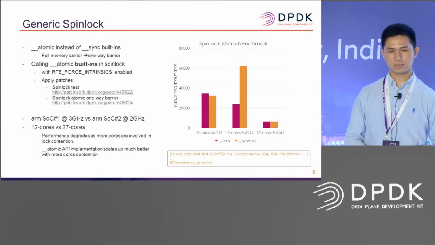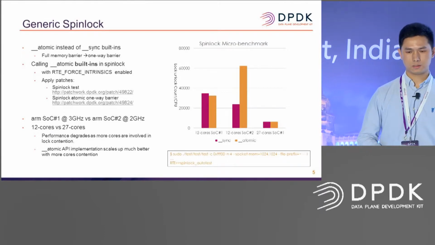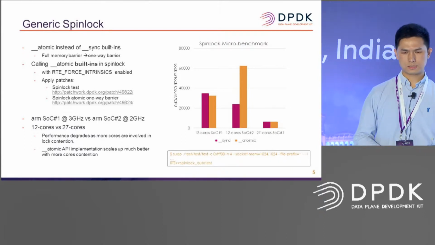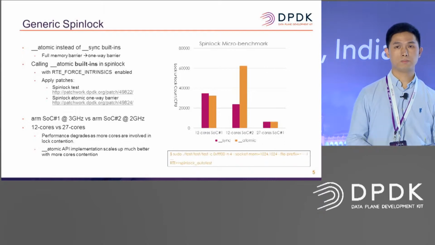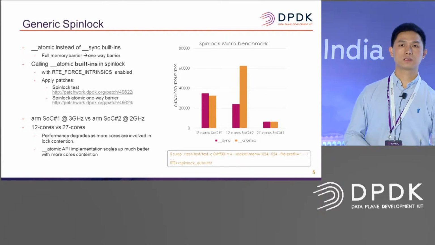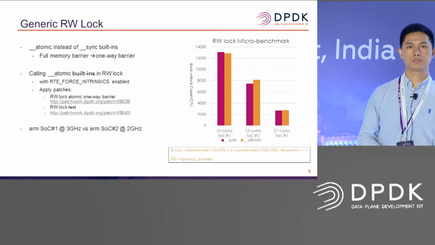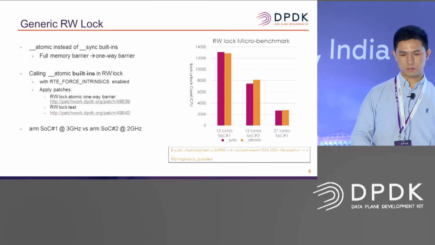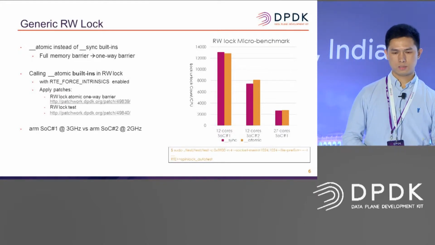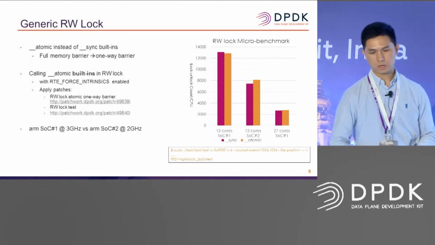Basically, there are two sets of C11 atomics in GCC, the atomic built-ins and the sync built-ins. The legacy sync built-ins are considered a full memory barrier most of the time. So in DPDK, the generic spin locks use the sync built-in to implement the spin locks. The left side is a code snippet from the RTE spin lock, and its assembly code of the lock procedure.